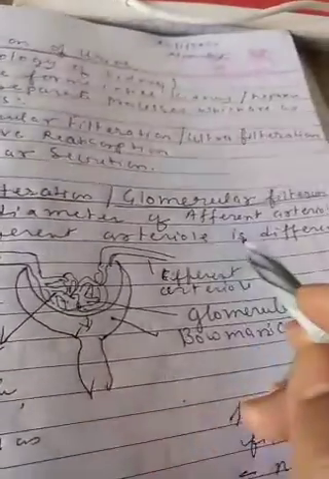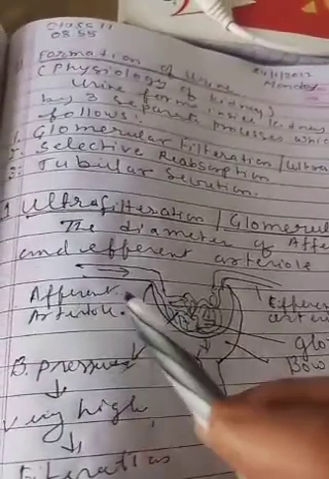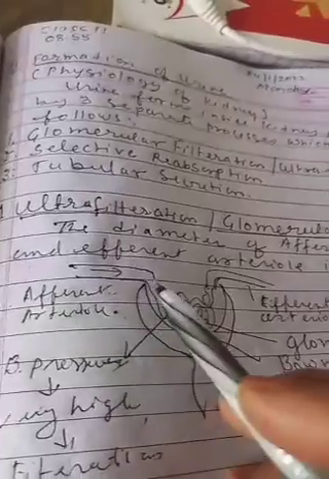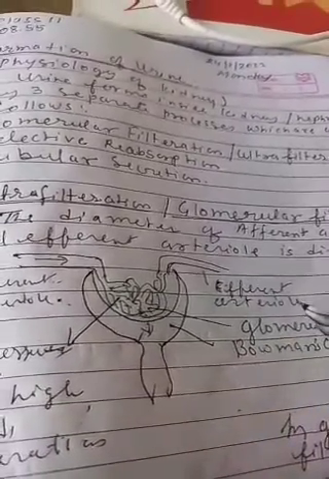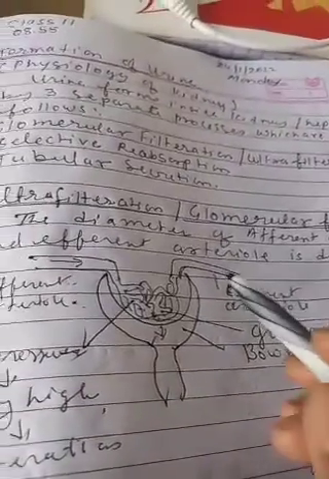So once more, I will explain the ultrafiltration or glomerular filtration. The diameter of the afferent arteriole is larger than the diameter of the efferent arteriole. Efferent arteriole is narrower.